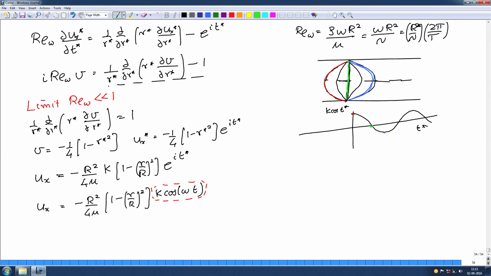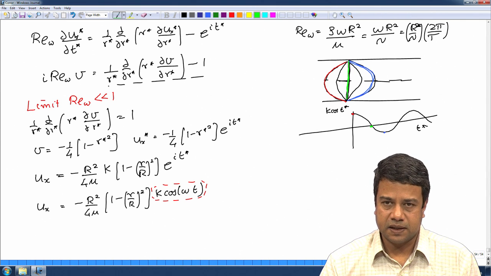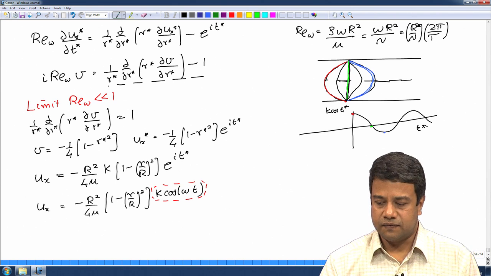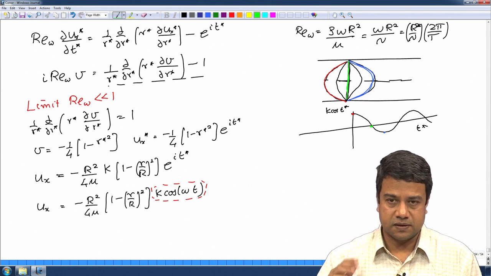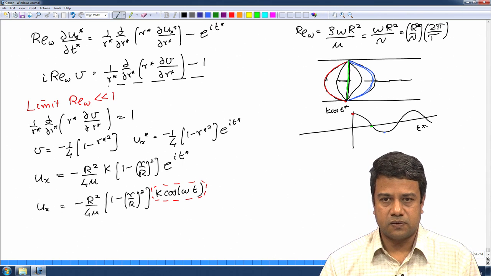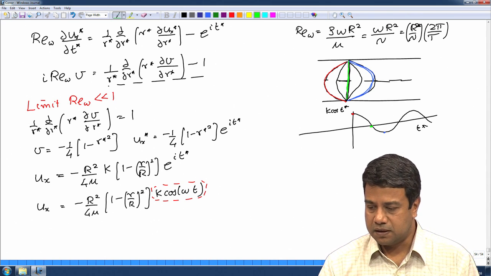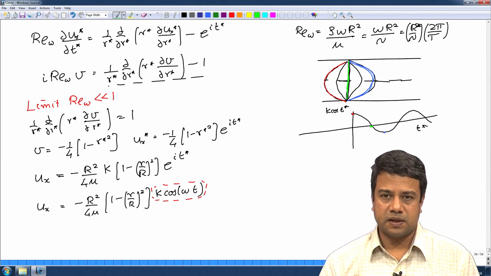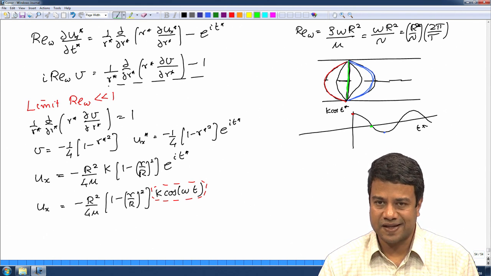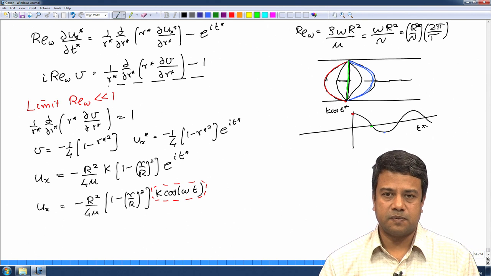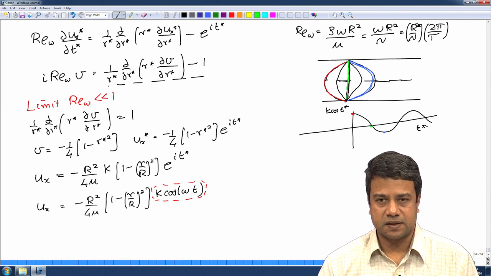So, you get the same solution that you got for a parabolic profile, except that in this case the value of the pressure gradient is the instantaneous value as it is oscillating, and that is not too surprising. Physically, the low Reynolds number limit corresponds to the case where the momentum diffusion time across the pipe is much smaller than the period of oscillation.